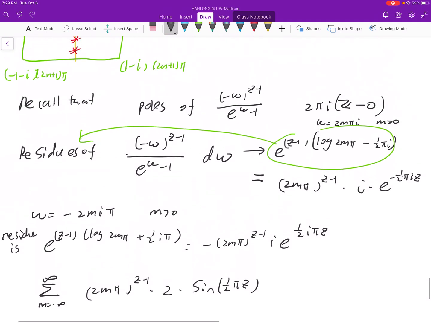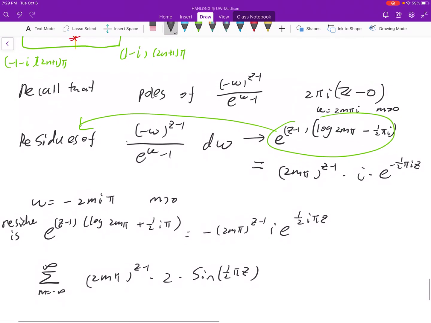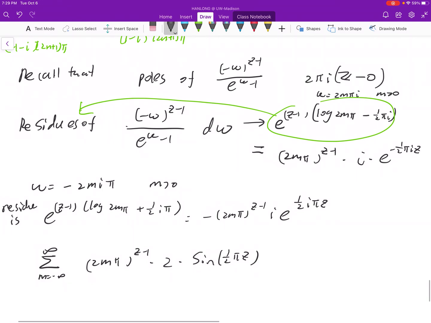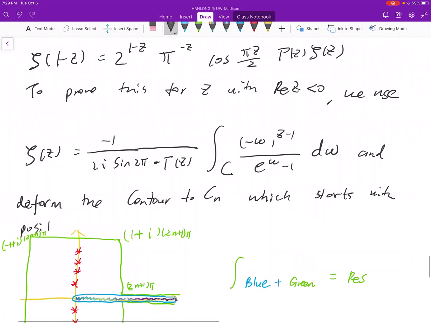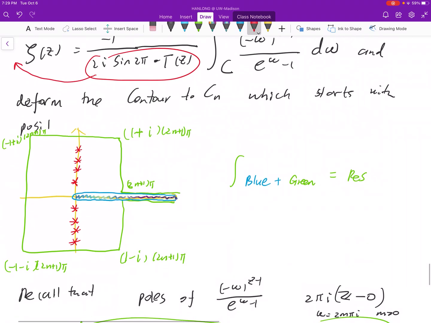So on this side, let's see. You multiply this part to the other side, and notice that the integral of the green part goes to 0 when n goes to infinity.